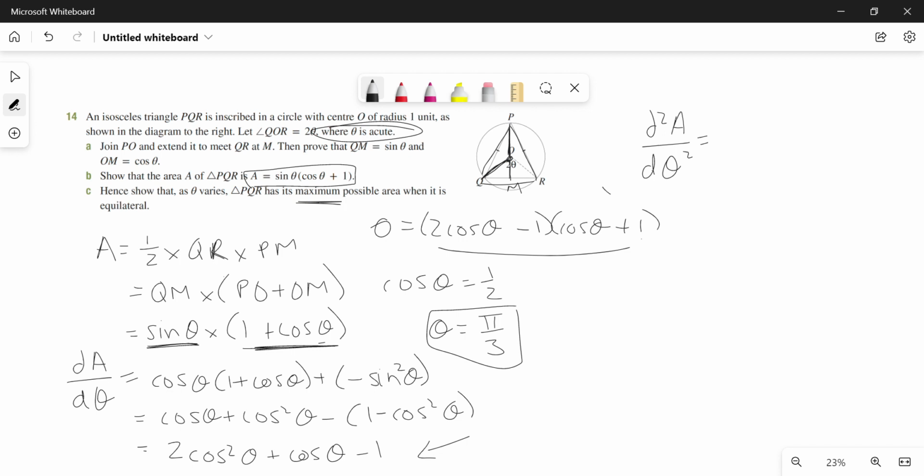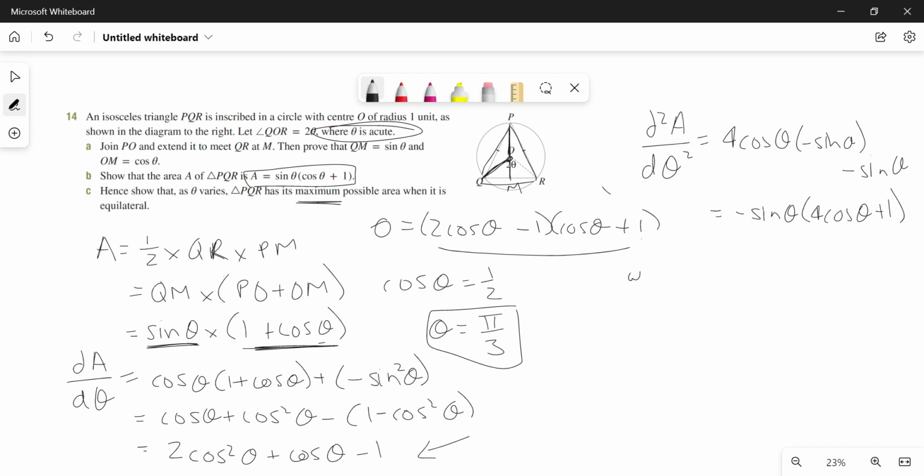So 2 cos theta all squared, so the 4 comes down, it becomes just cos theta, and then times by the derivative of cos theta, which is negative sine theta. Cos theta goes to negative sine theta, and negative 1 goes to nothing. So I could factorize by negative sine theta, and I would have 4 cos theta plus 1.